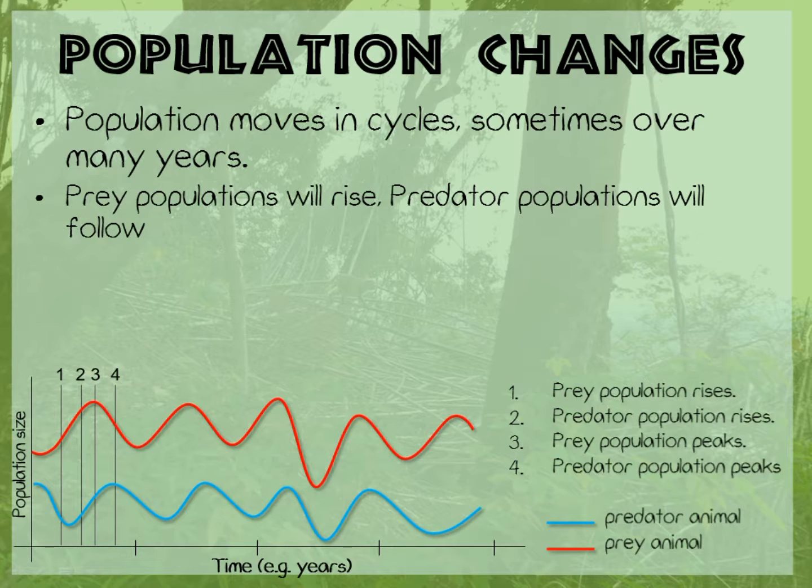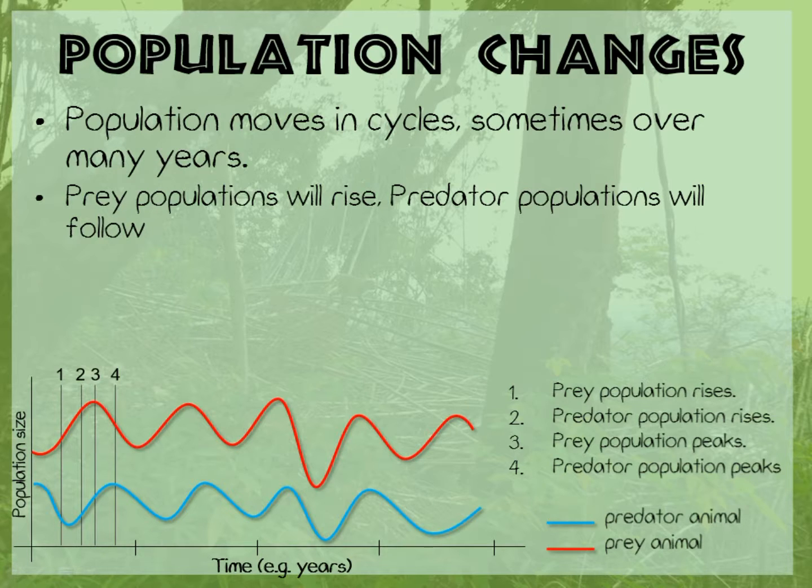The first thing that we can say is that the prey animal will always have a higher population, a much higher population probably, than the predator animal. The energetics of consumption of food in the animal kingdom mean that each predator animal must eat many prey animals in order to survive, so there must be more prey animals for the predators to consume.